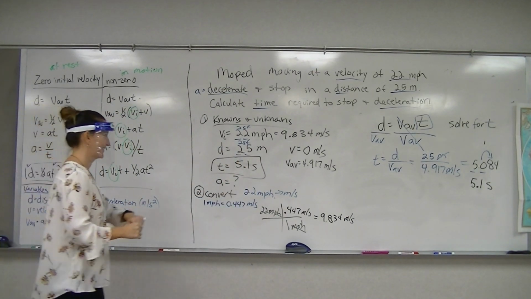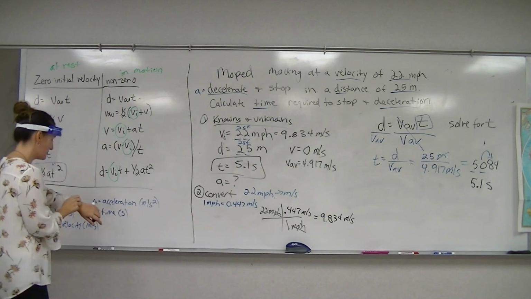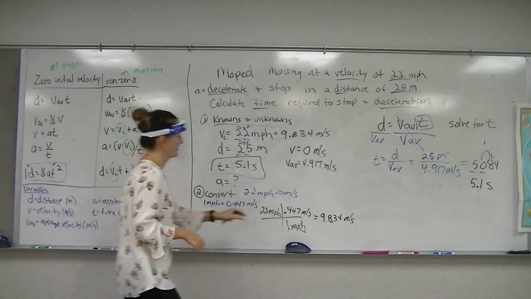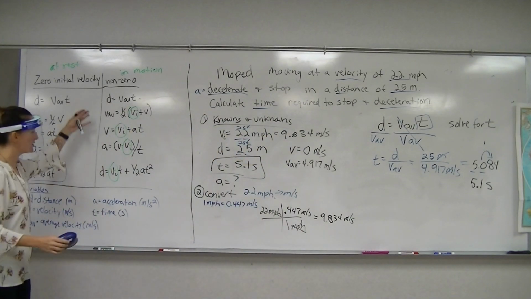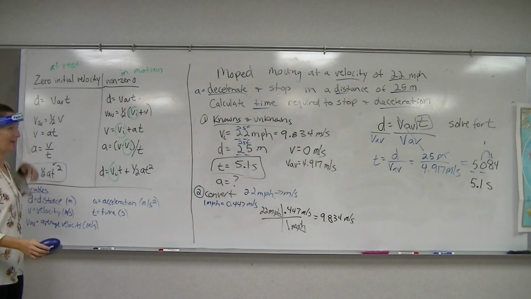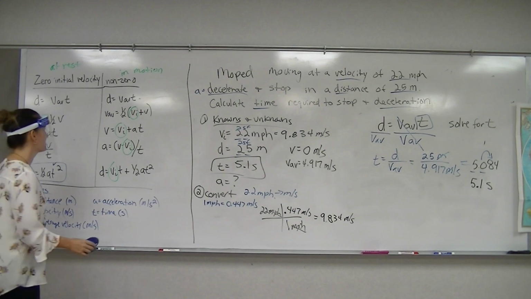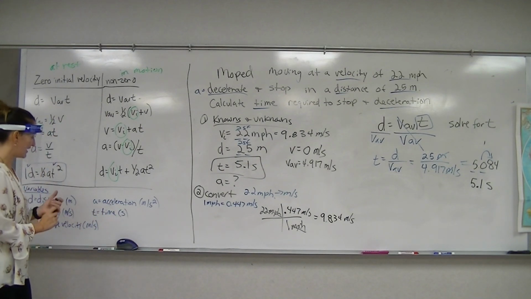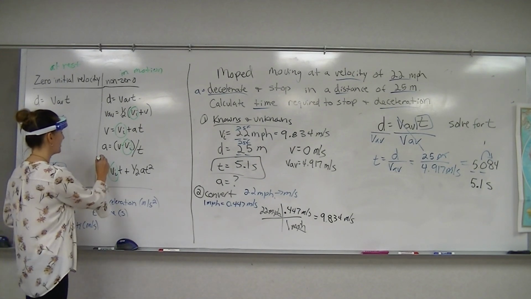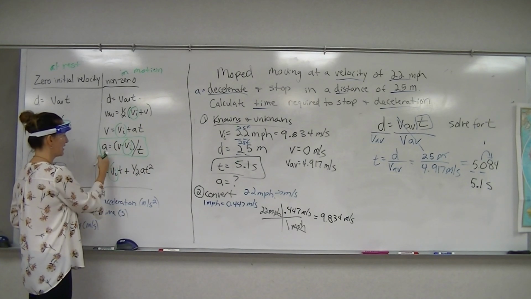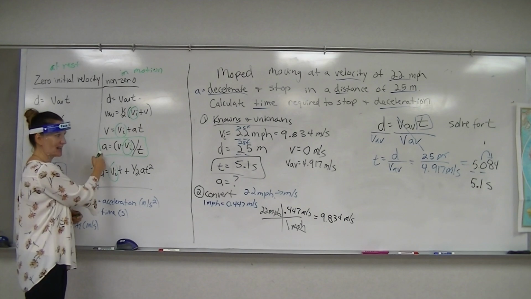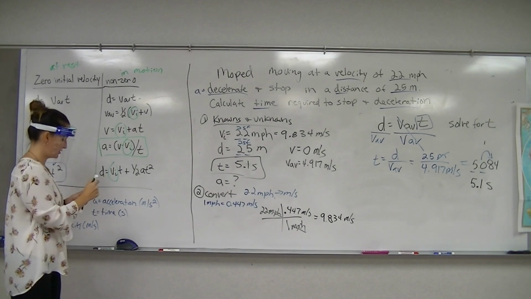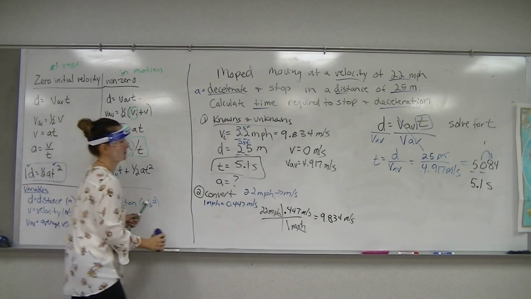But I'm not done. We're going to do acceleration, and then that's probably the last thing we're going to do today. So acceleration now, we have the pick of the litter. It's the only thing we haven't solved for, right? So it's in your best interest, if you can, to pick an equation where the variable you're solving for, in this case A, is all by itself on one side of the equation. So I'm going to use this guy here.